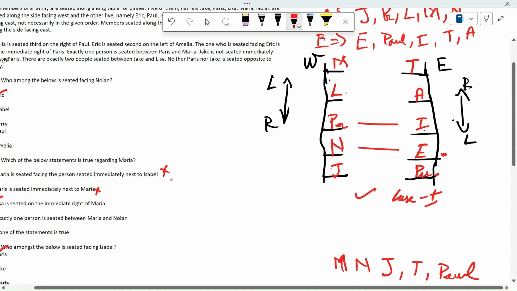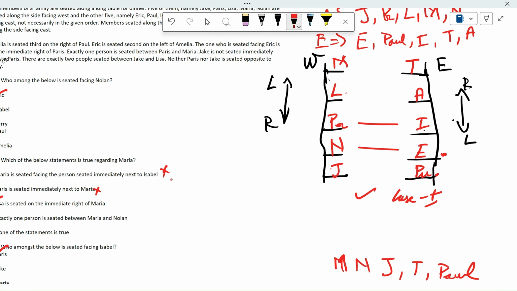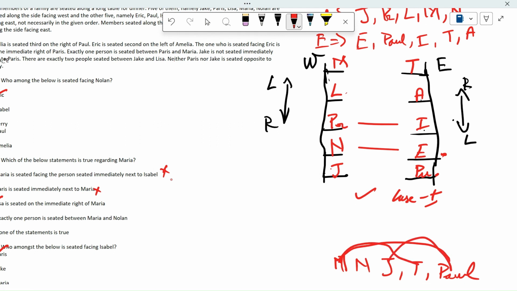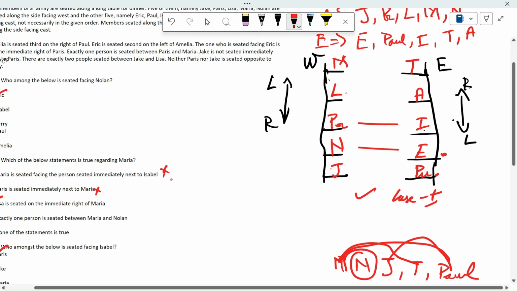Maria is here, Jack is here, N is here, T is in this position, and Paul is here. Jack and Paul are opposite. M and T are opposite. So N is not making sense. Odd one out is N.